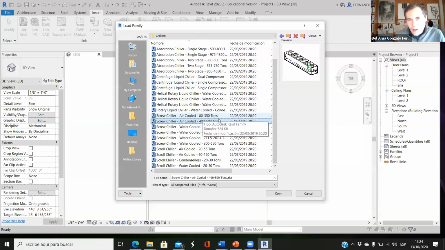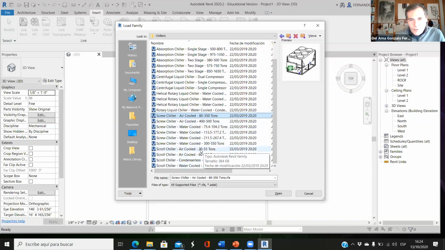Those tons represent the size of the chiller. These are too big. I mean, we can insert those, but this is 80 to 350 tons. This is 400 to 500. This is 20 to 55 and 60 to 120.